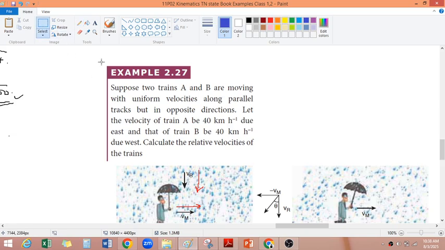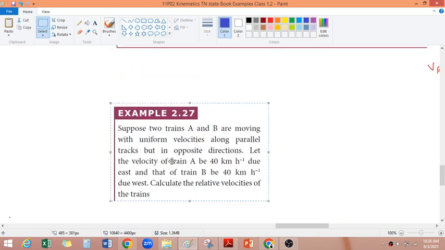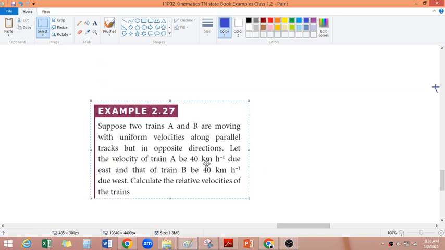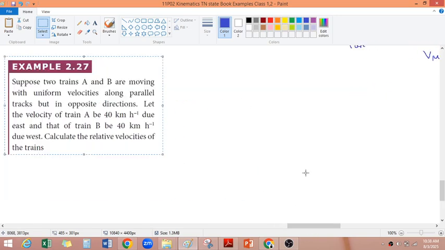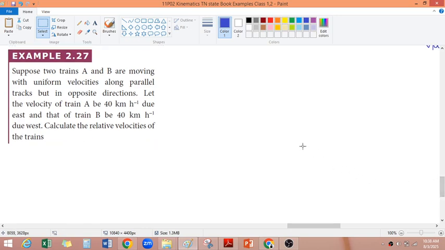Now we can go to this train problem. Suppose two trains A and B are moving with uniform velocities along parallel tracks but in opposite directions.